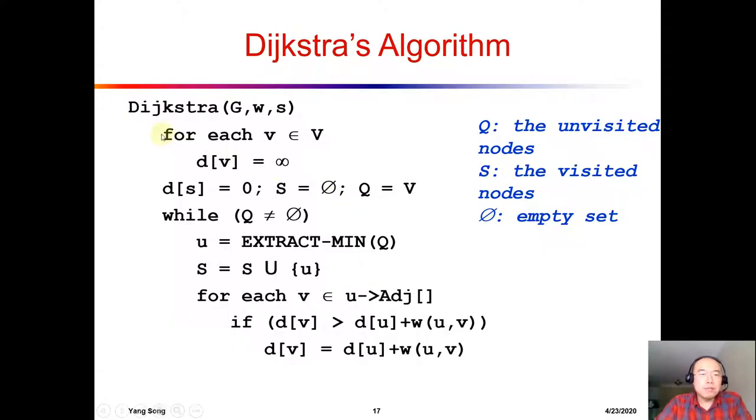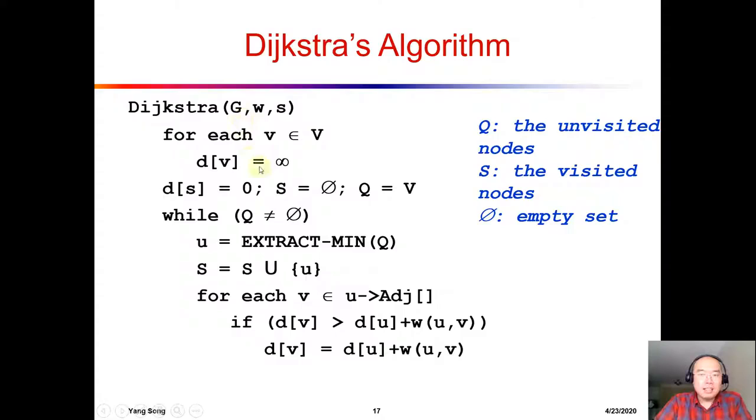So the first part we want to do is, for each of the vertices, we update the distance, or the shortest path, to be infinity. And after that, we know there is a source. The source is S, so we specify the distance of the source to be 0, because starting from the source, the cost to get to the same source is 0, right?